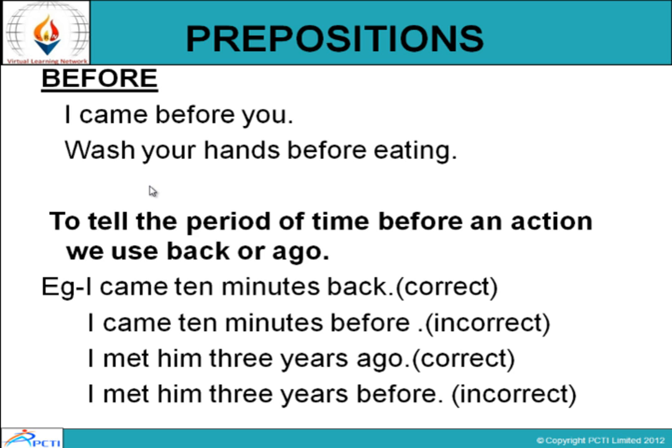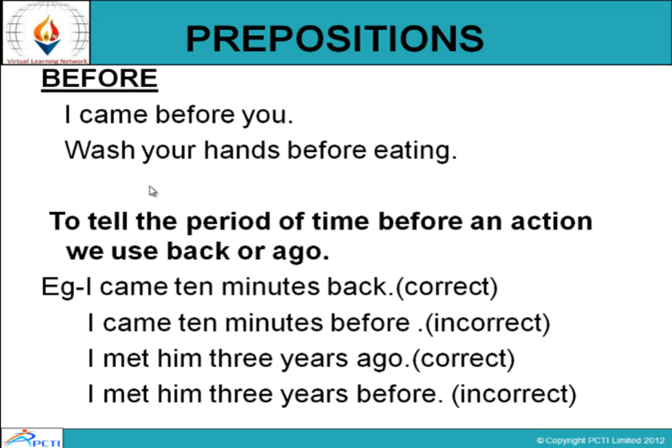But to indicate the period of time, the duration of something, we don't use before. Like, I came 2 years before is wrong. I came 2 years back. He joined this company 3 years ago, not 3 years before.